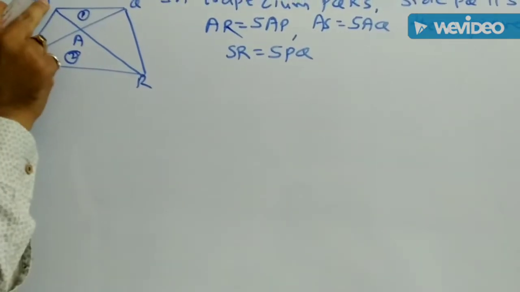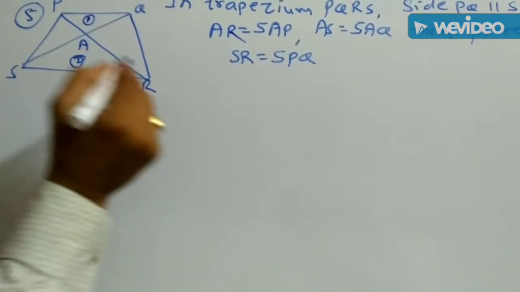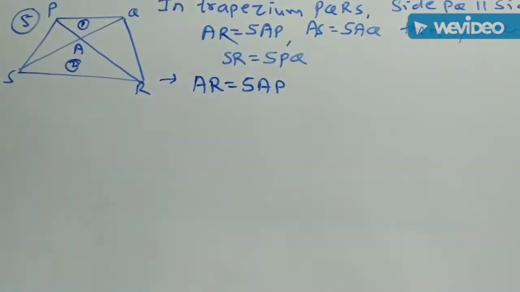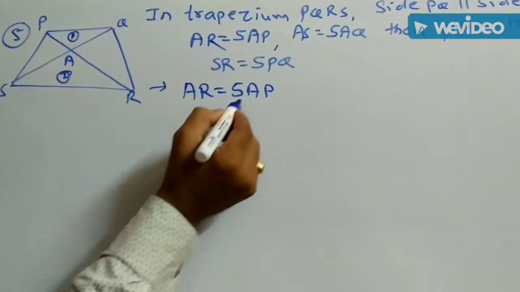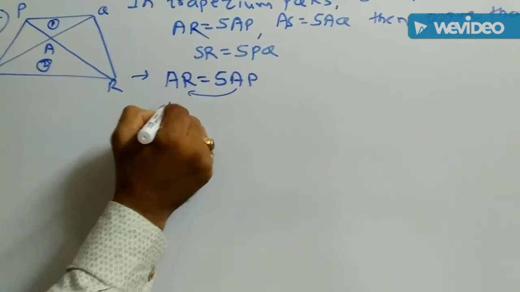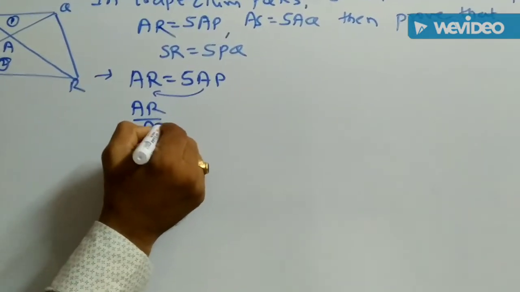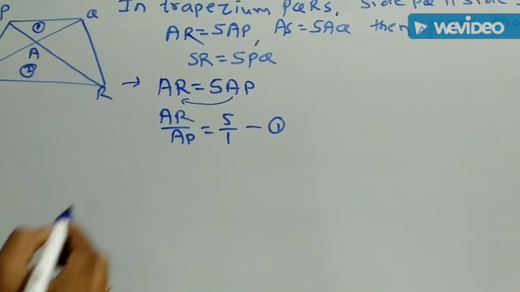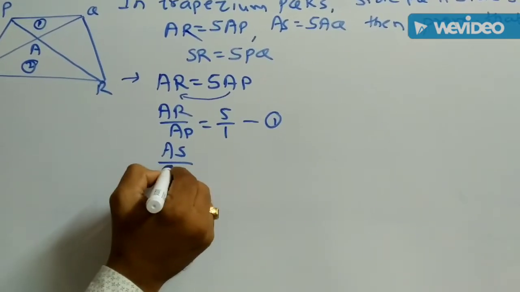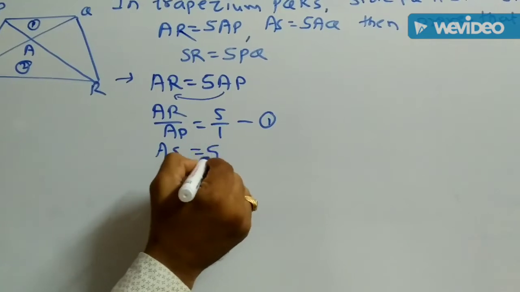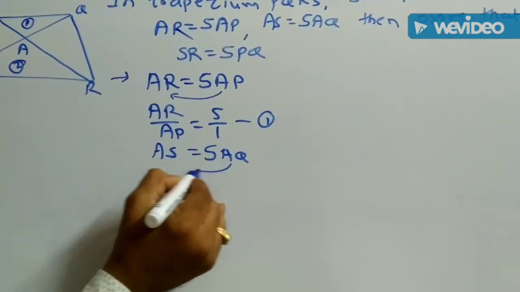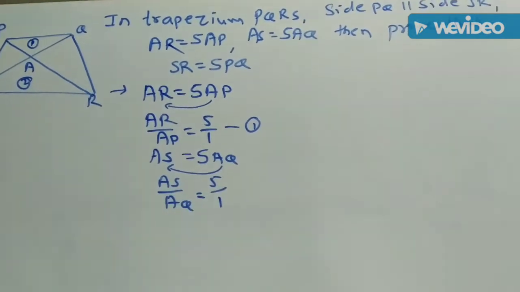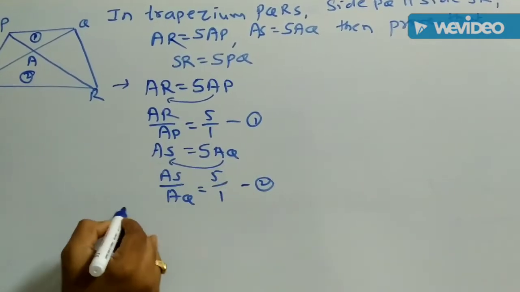Triangle RAS and triangle PAQ. Firstly, we are given AR is equal to 5 AP. From this we can write AR upon AP is equal to 5 upon 1, equation 1. Similarly, AS is equal to 5 AQ, so AS upon AQ is equal to 5 upon 1, equation 2.